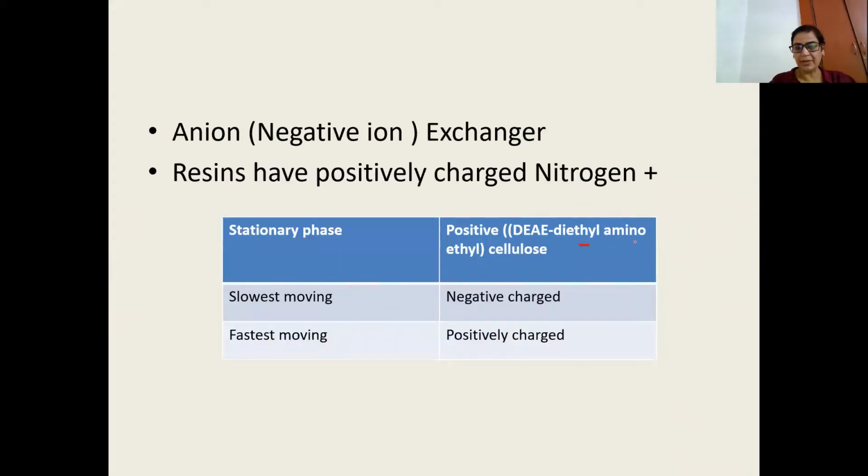See, diethyl amino ethyl cellulose. Here it will be reverse. Here slowest moving would be negatively charged and fastest moving would be positively charged. Whereas in case of cation exchangers, slowest moving were positive and fastest moving were negatively charged. So we can select the medium by which we can separate.